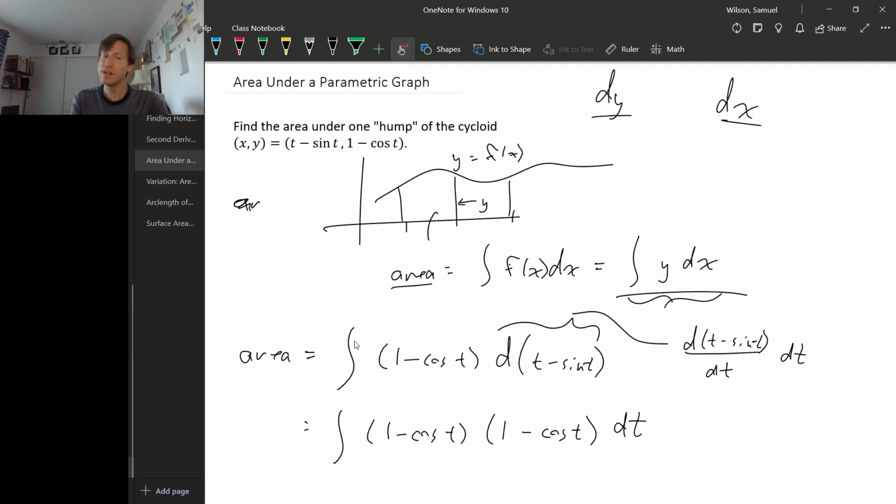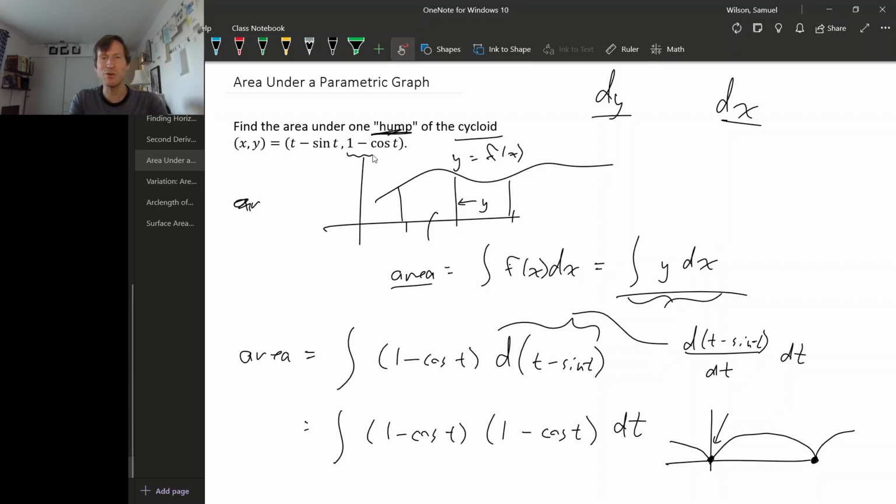Okay, we're going to need some bounds, so what we need to do is figure out for the cycloid what t values give us one hump of the cycloid. So remember, a cycloid looks like this. We need to figure out when the y-coordinate is 0, because these two spots that we want are where the y-coordinate is 0.